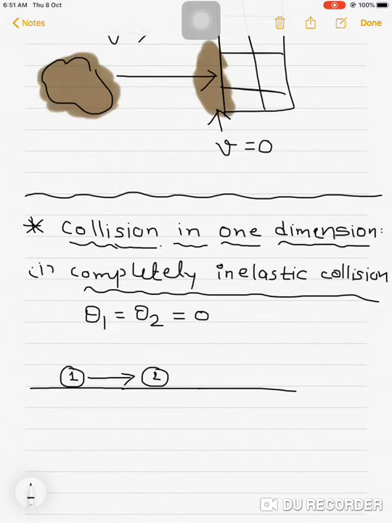So it is very clear that m1 v1i, the velocity of object 1, and initially v2 will be 0. So only v1 is existing, and therefore as per the momentum conservation law, initially only m1 v1i exists.